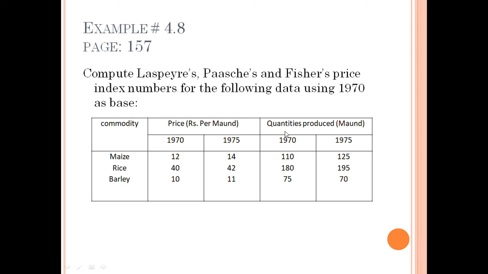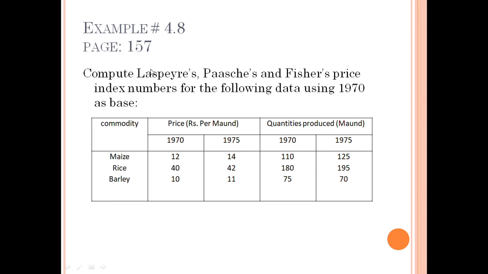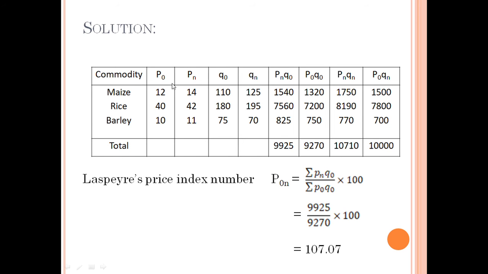Then the quantity of 1970 is representing the quantity of base year, and it is represented by Q naught, and current year quantity is represented by Qn. So up till here I have just converted them into their representatives.